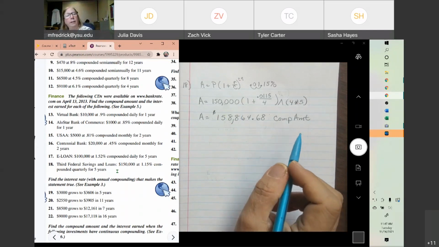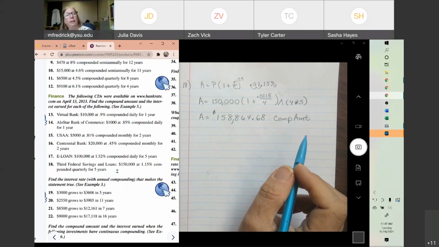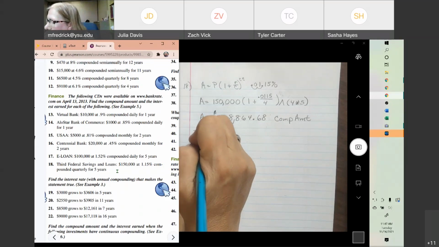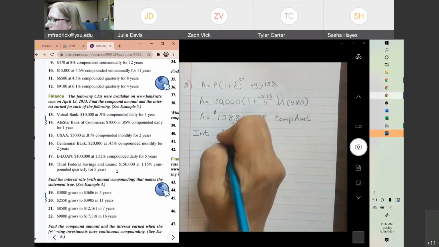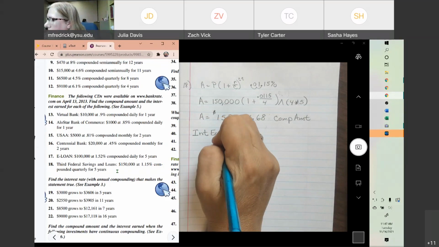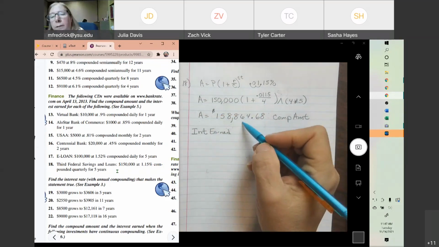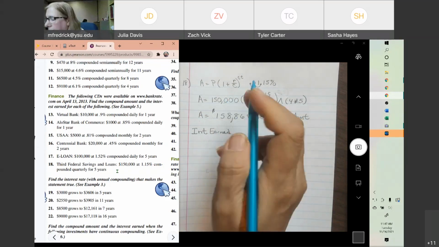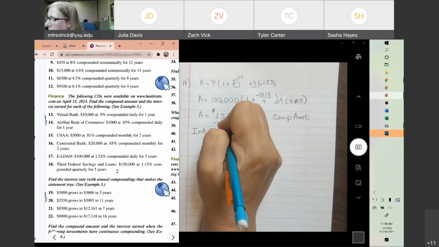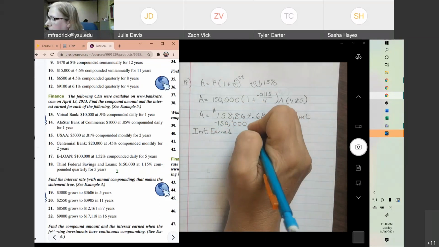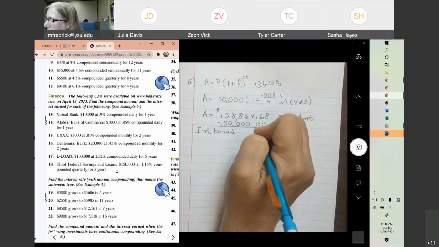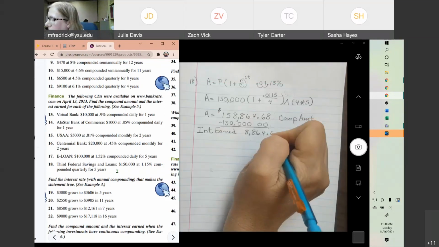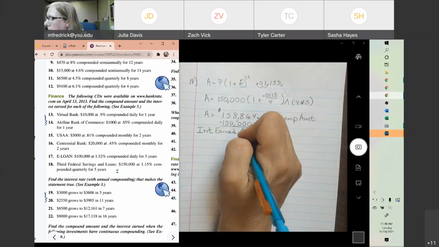Now it also asked us to find the amount of interest earned. Well, if this is the total amount, and we put this much in, if we subtract the 150,000, that's the interest earned.